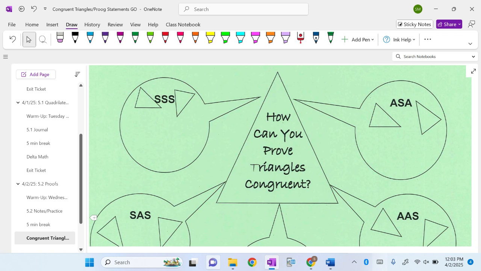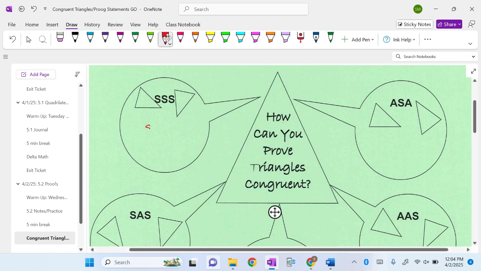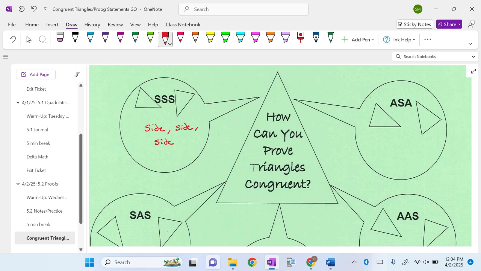So, does anyone remember what SSS means? Side, side, side. So these are all the ways that triangles can be congruent, meaning they're the exact same size and shape. So that means that all the corresponding sides, so if I had A, B, C, and then D, E, F, the corresponding side for AB would be DE, so these two would be congruent.